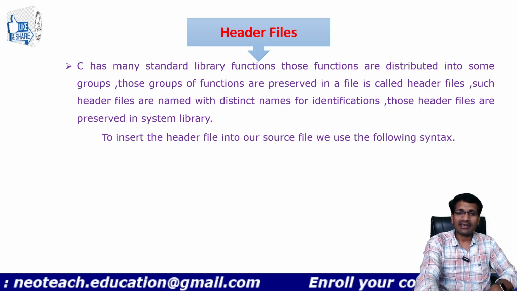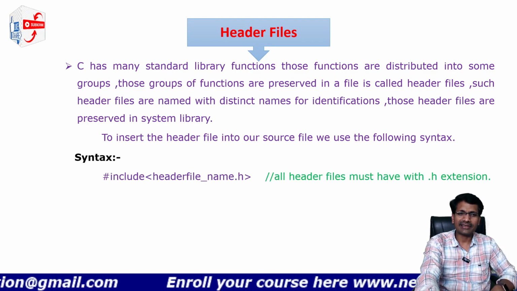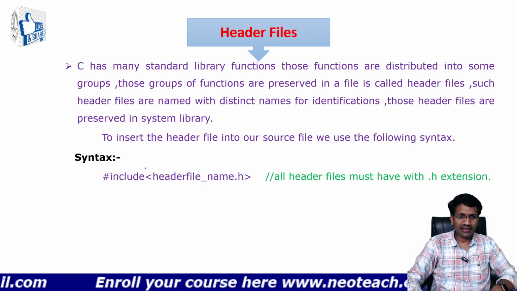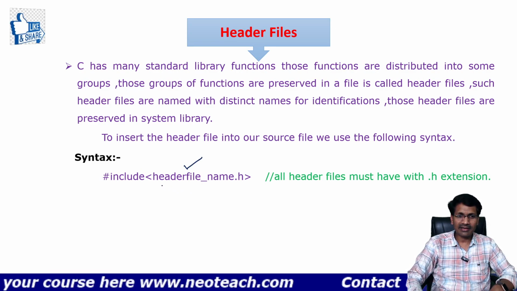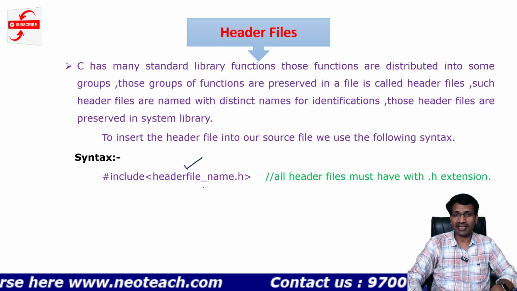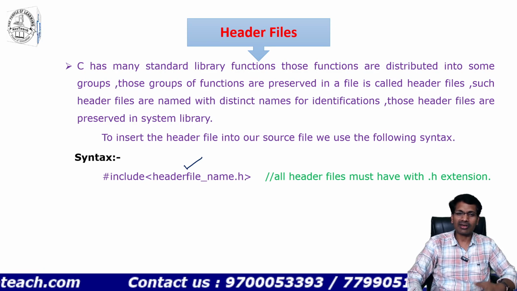To insert a header file into the program or source file, we can use the following syntax: hash include followed by the specified header file name. Suppose stdio, meaning standard input and output, .h.